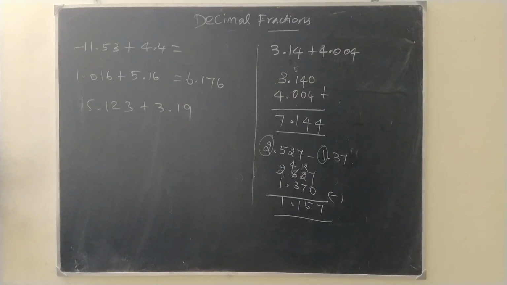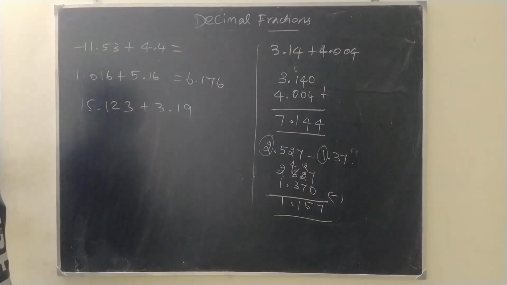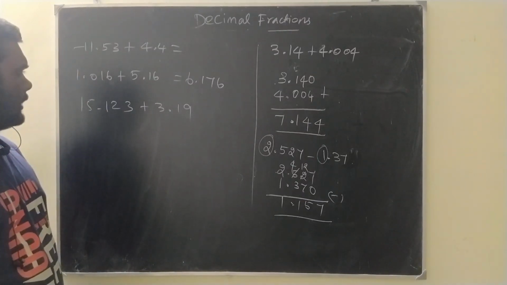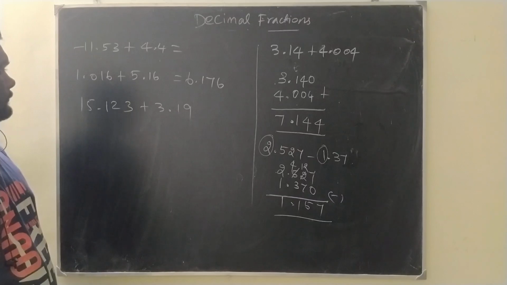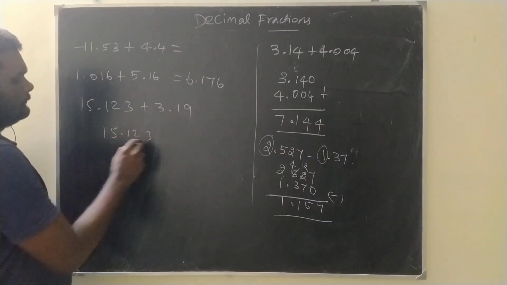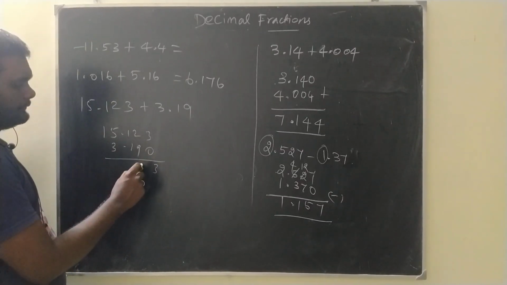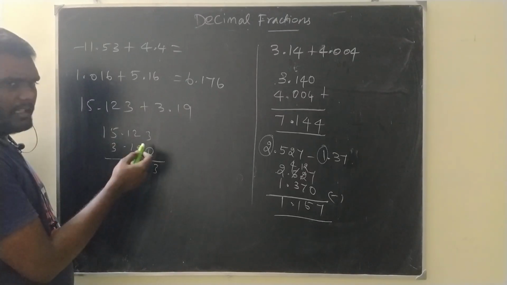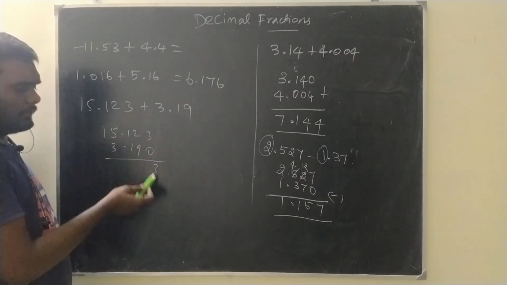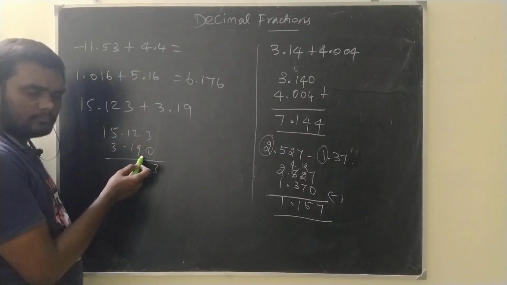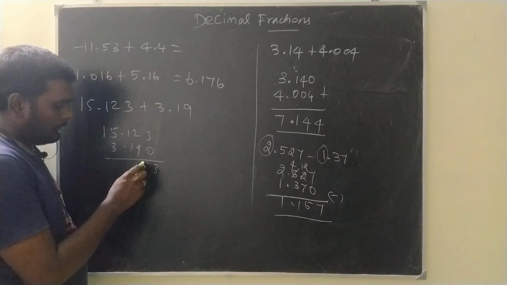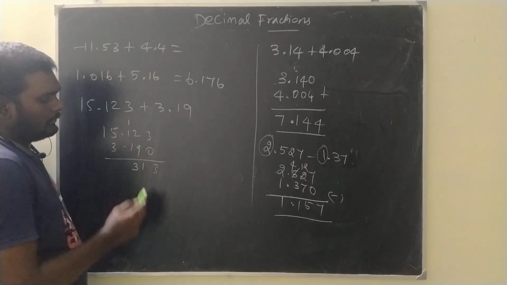Done. 18.313. Yes, correct. But you're adding, right? 3 plus 0, 3. 2 plus 9, 11. 1, 3.